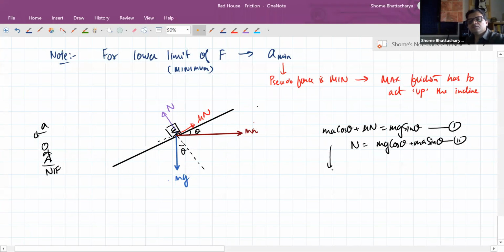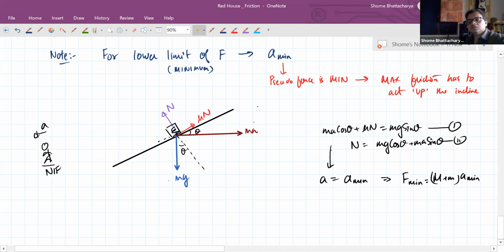So the corresponding value of a that we get over here is equal to the minimum value of acceleration. So correspondingly, the minimum value of force becomes F minimum equals M plus m into a minimum.